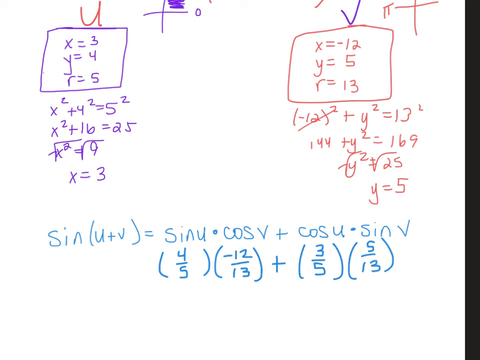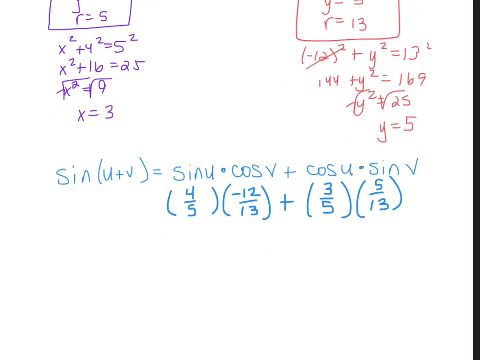And now we go back to 6th grade. Let's multiply fractions. What's 4 times negative 12? Negative 48. No, you don't have a calculator, but yes, you guys can do this. What is 13 times 5? 65, good.